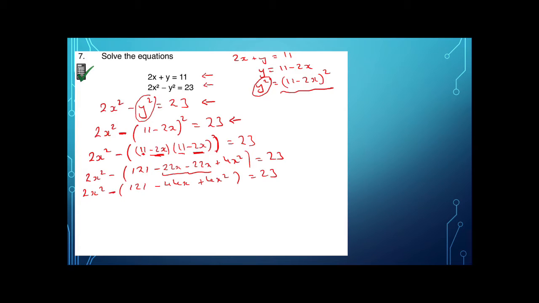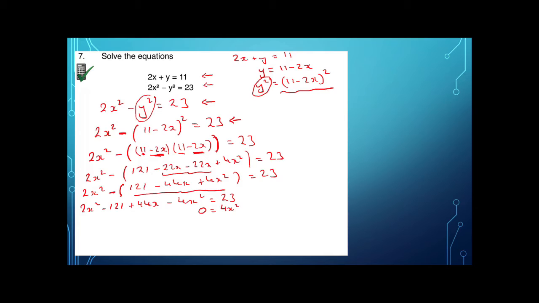Now we're going to expand that bracket, and in doing so we're finding the negative of everything inside the bracket. So it's negative 121 plus 44x minus 4x squared is equal to 23. Okay, I want to put this equal to 0, and because this is a negative 4x squared, I'm going to add 4x squared to both sides.